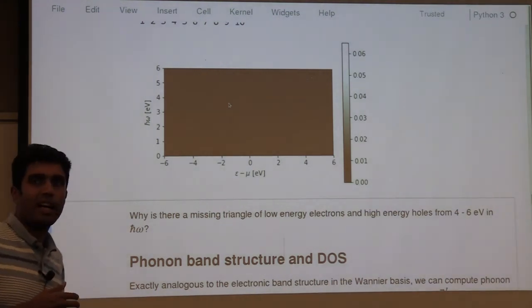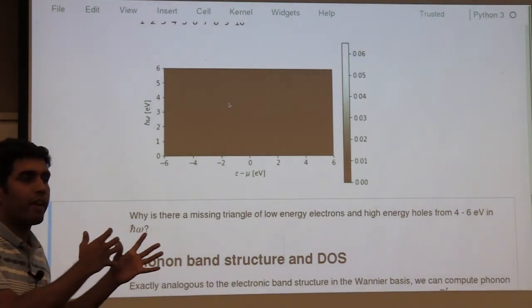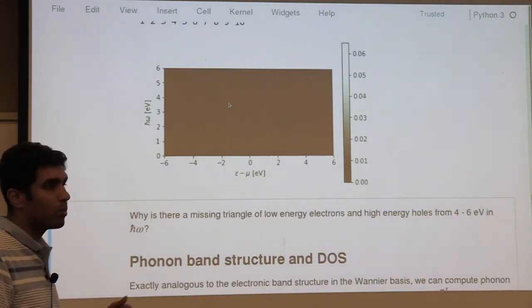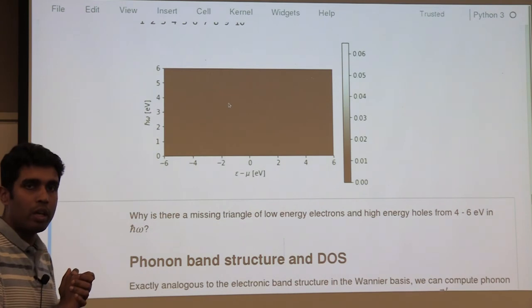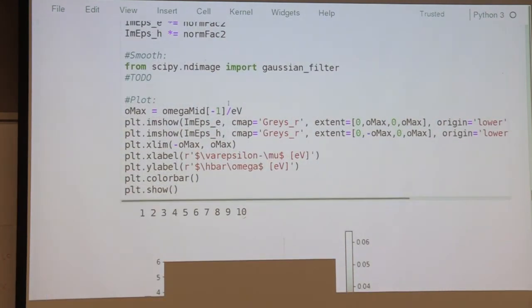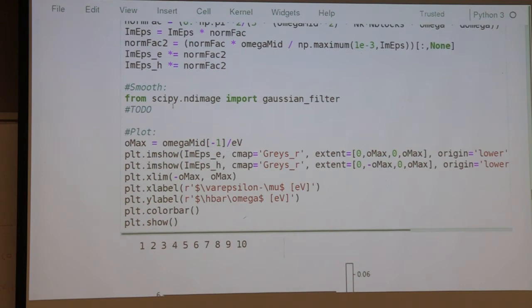Right? So now you can see that you get these dots all over the place, but the main problem is, at least with the runtimes that we are willing to take here, you have very little data. If I was to run this for a factor of 1,000 more blocks, you might fill this out. So for the purposes of seeing something reasonable here, let's smooth it out a little bit so that we get a slightly smoothened histogram here. So I can use Gaussian filter to do this really easily.